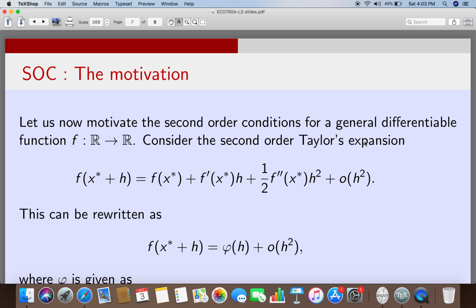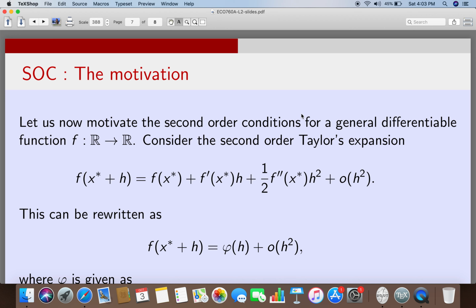So the value of f of x star plus h can be approximated by a quadratic function. If you can put a cubic function here, that is like a third derivative, it will be a better approximation. So it approximates the graph of the function, the curvature of the curve better. So for us, let us just talk about the quadratic function.